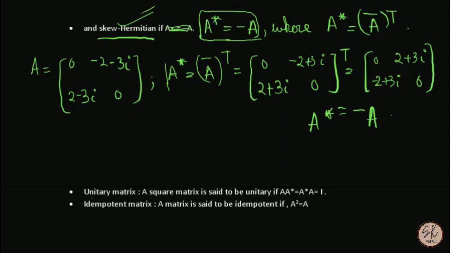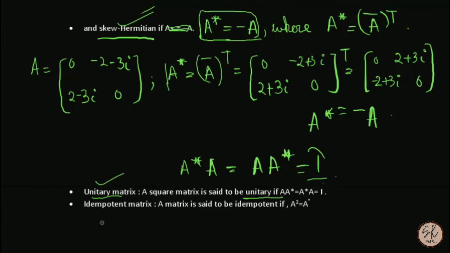Now next let us come to the unitary matrix. A square matrix is said to be a unitary matrix if A into A star is equal to I, which is equal to A star into A. That means whether you do A star into A or A into A star, if this is equal to I, the identity matrix, then this is called a unitary matrix.